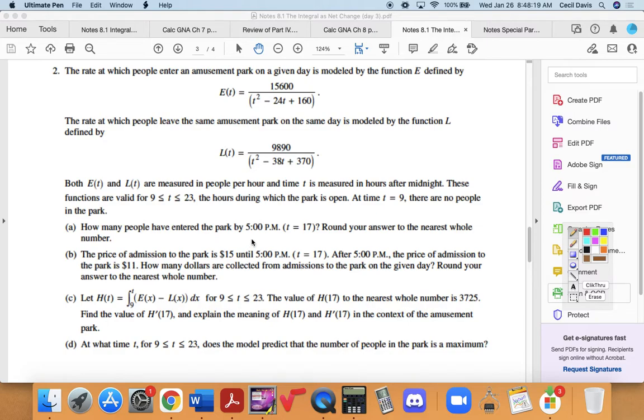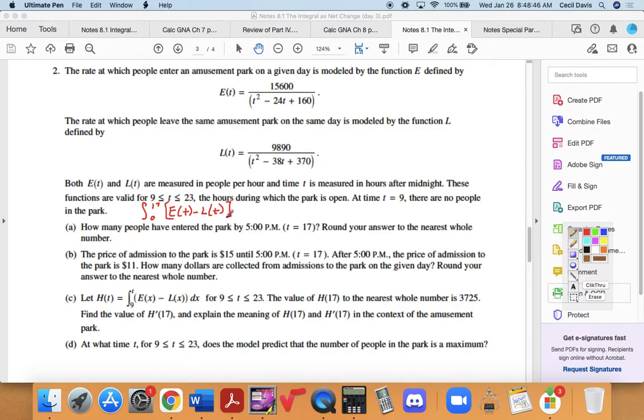So by 5 p.m., so this is the rate, right? And this is a rate. Notice those are working in opposition to one another. How many people have entered the park? Well, it'll be the integral from 0 to 17 of E of t minus L of t dt.